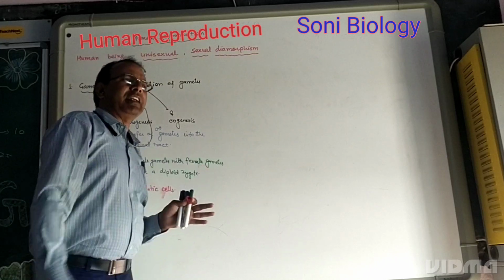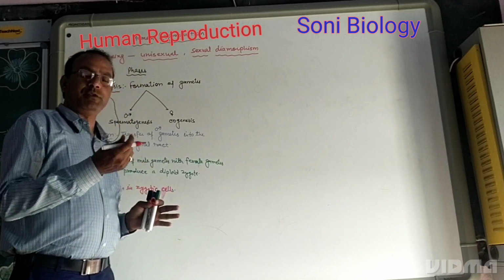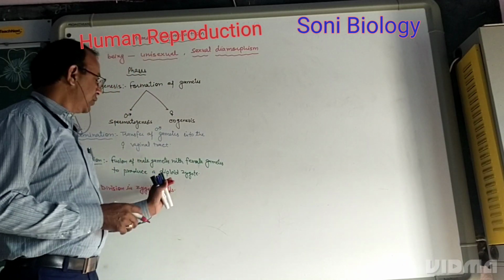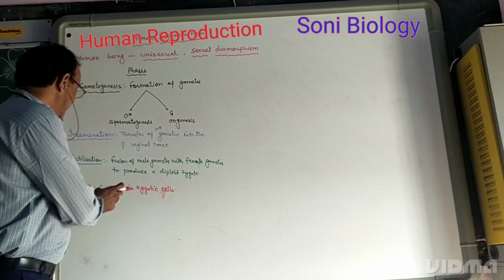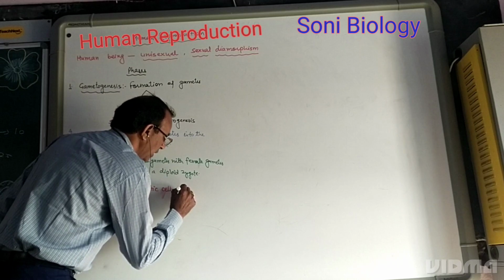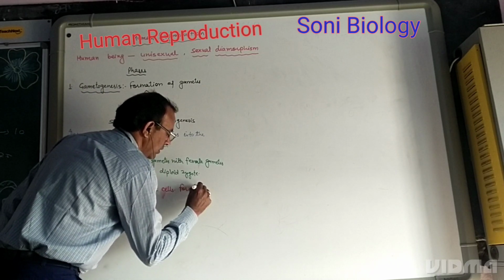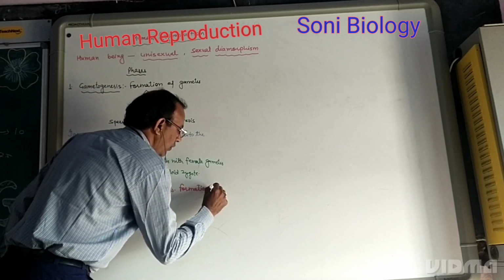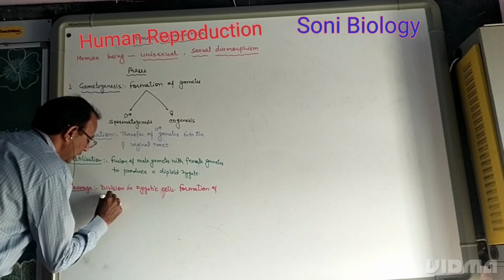It means division takes place. Then they produce morula, blastula, and the process known as gastrulation. So we can say cleavage is division in the zygotic cell, leading to formation of gastrulation.